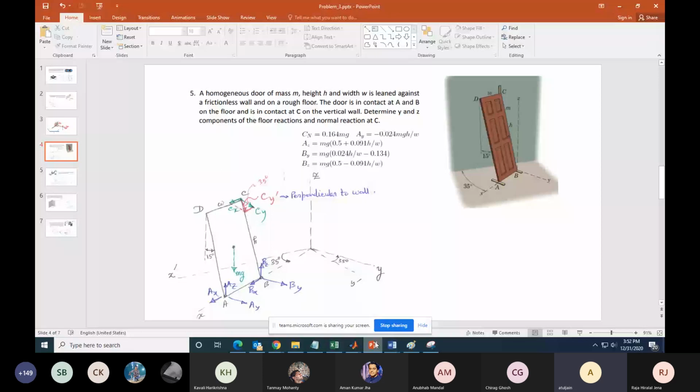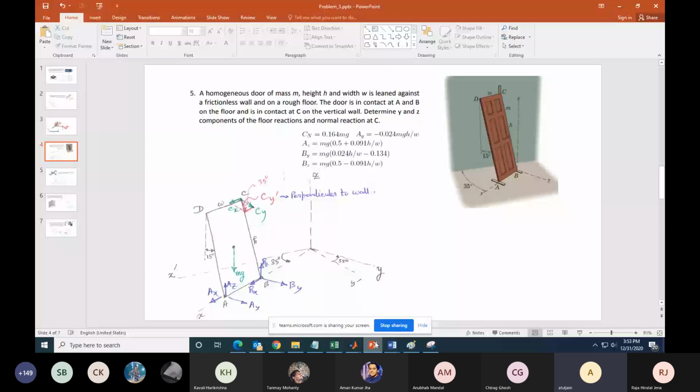I have shown both just so that it is clear. I am saying that there are two coordinate axis systems which are possible. One is x, y, z, where x and y are parallel and perpendicular to the door, with x along AB.